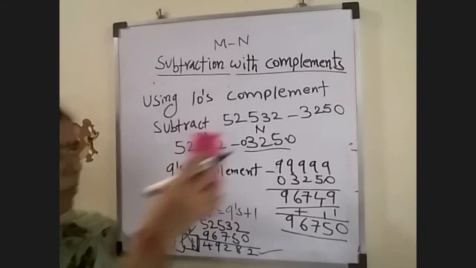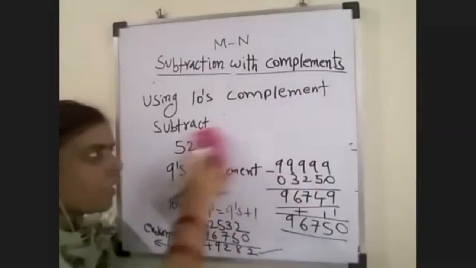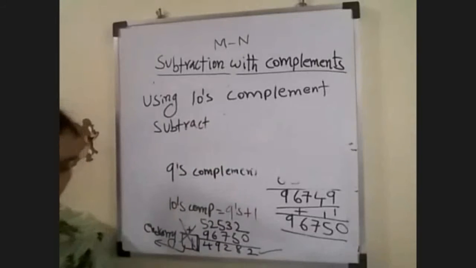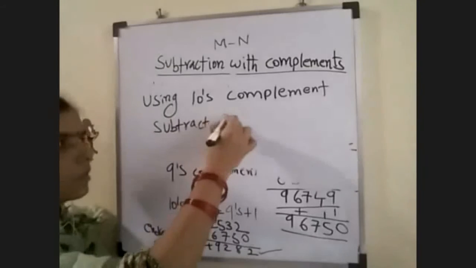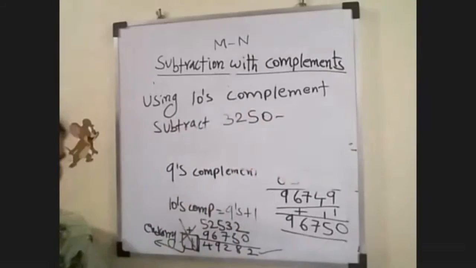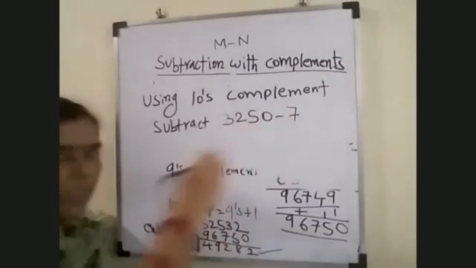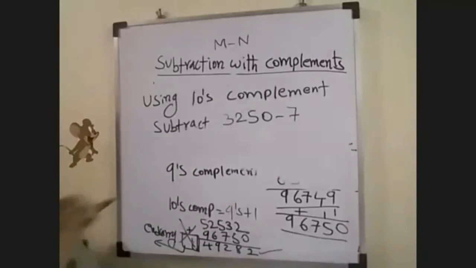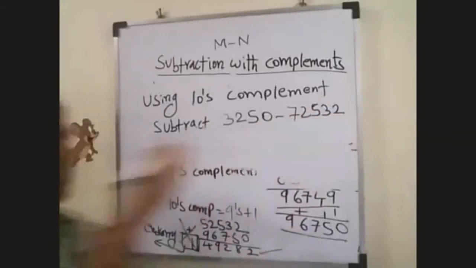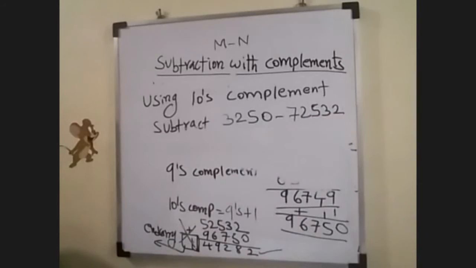Using 10's complement, subtract 3250 minus 72532.